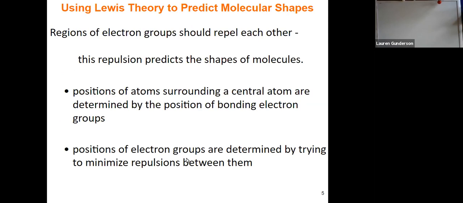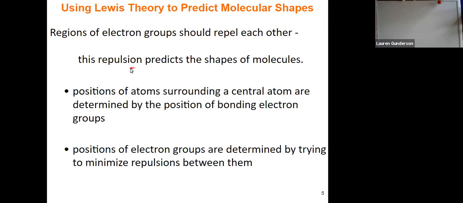Okay, now what's important about this is that our electron groups, which are what we're going to call those pairs of electrons, those bonding pairs and those non-bonding pairs, those are electron groups. So electron groups are going to naturally repel each other, right? Because that negativity doesn't want to be near more negativity.